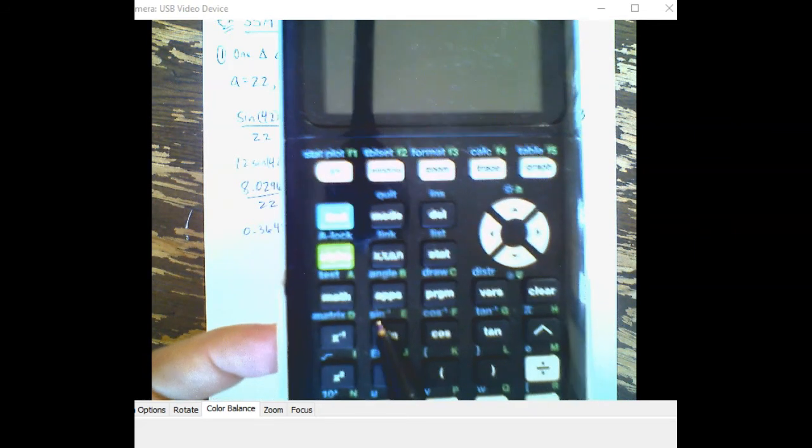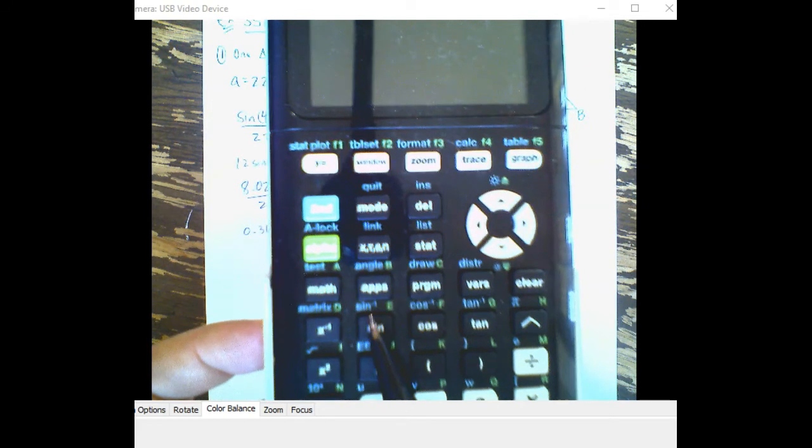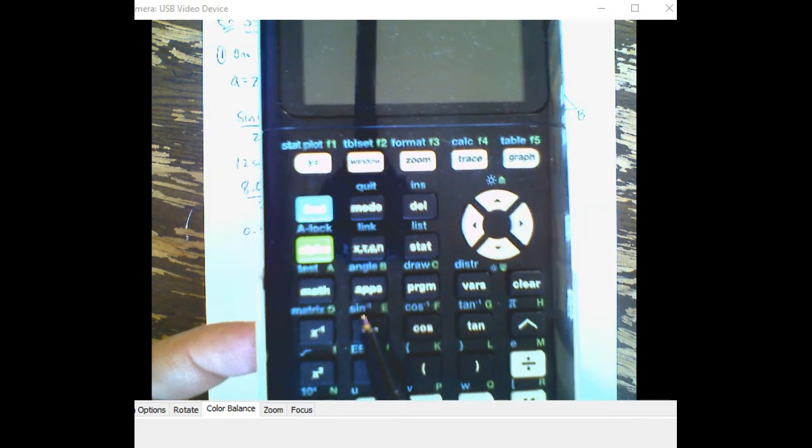This is called the sine inverse, the opposite of sine. If sine were multiplication, sine inverse would be division; if sine were addition, sine inverse would be subtraction. It's the opposite operation.